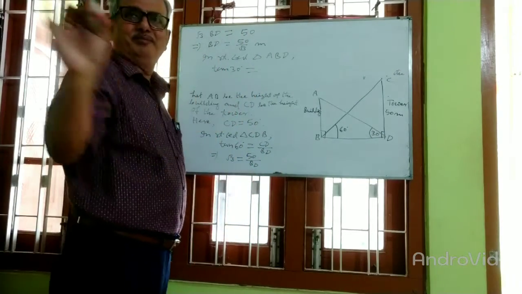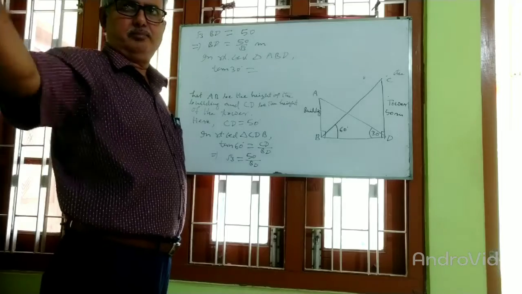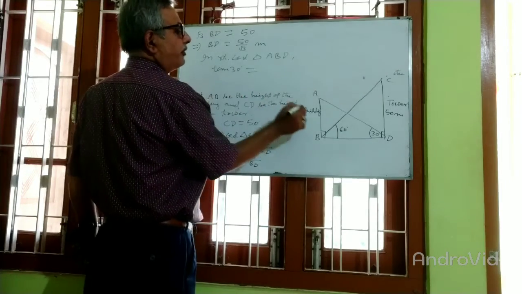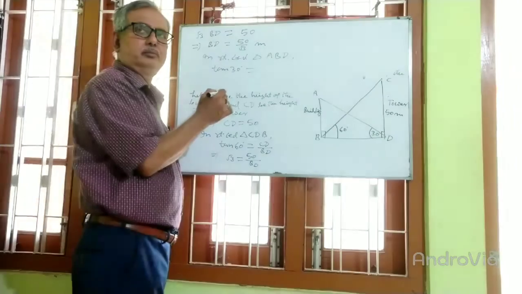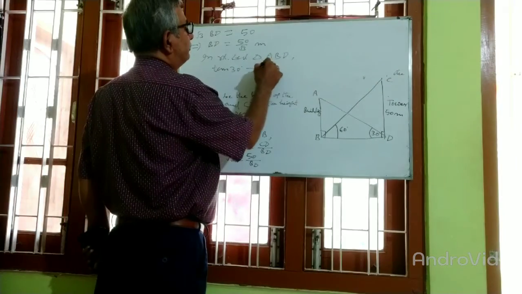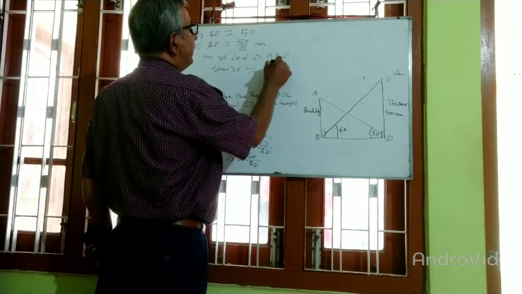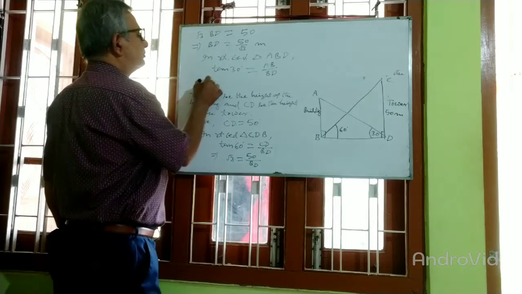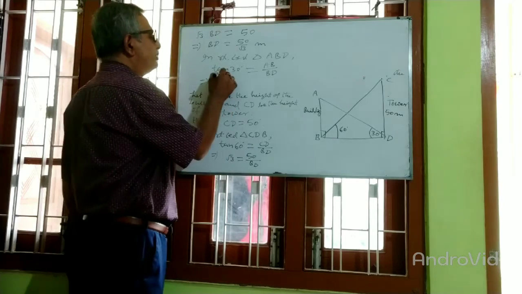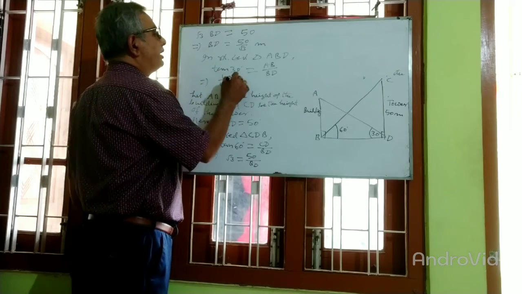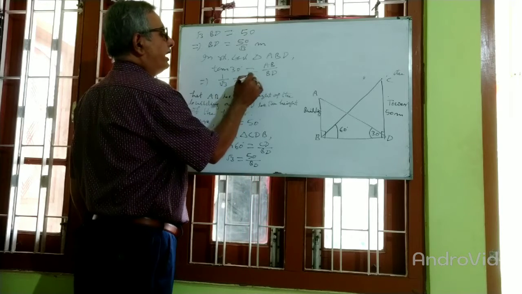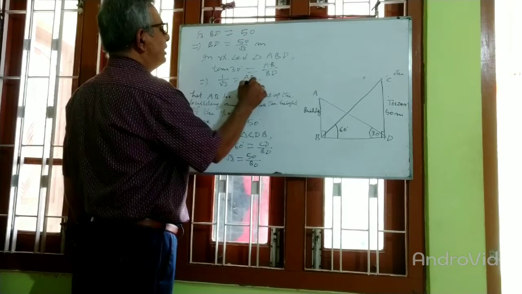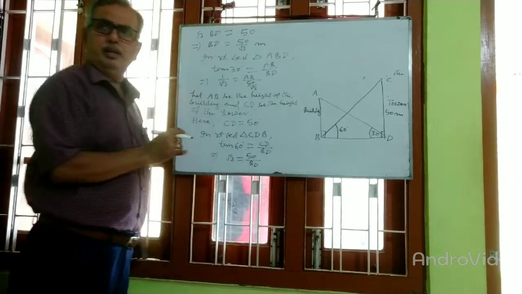Here AB by BD. Tan 30 degree, what you will get? 1 by √3 is equal to AB by BD. So you got 50 by √3.